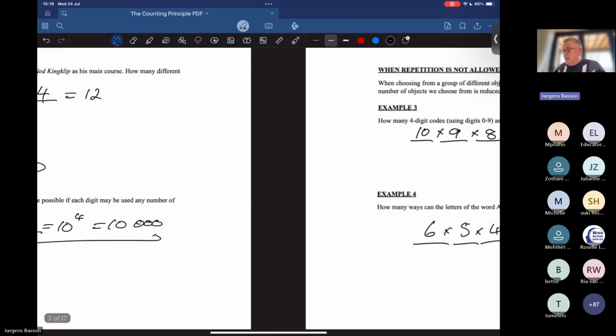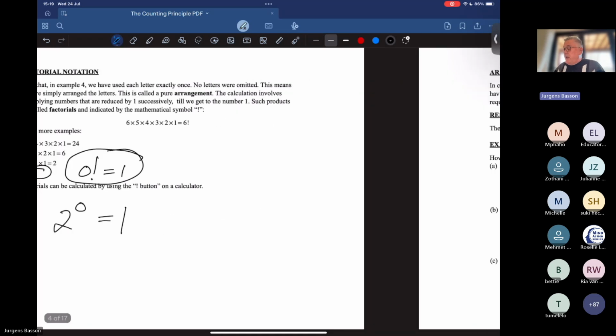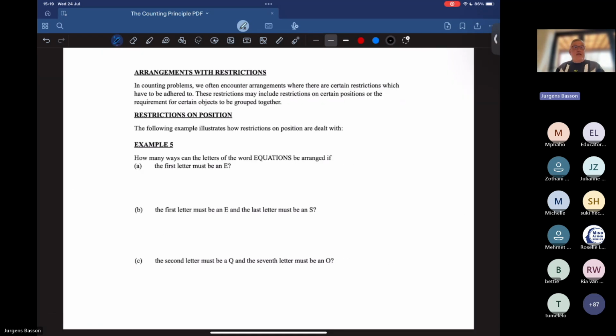Now that is what we're now going to look at. So if you look at these, I say here at the top that we have arrangements with restrictions. And the first one we will discuss is a restriction on position. So we're going to look at similar questions to the menu, where we restrict positions.